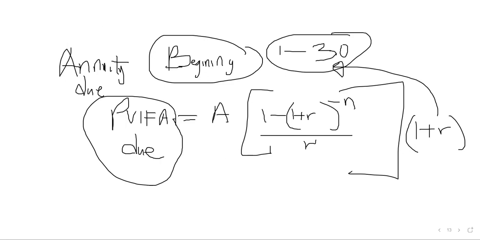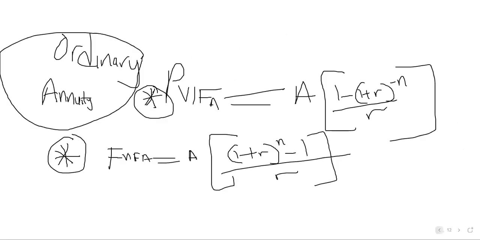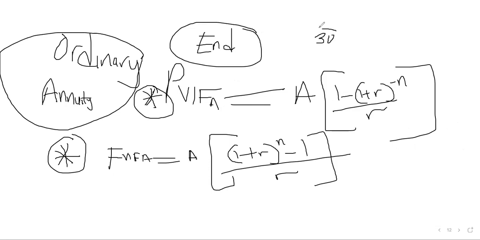All right, now an ordinary annuity forgoes the interest, because for ordinary, the payment is at the end. Meaning that from day 1 to the last day, the interest is only applied at the end of the month, at day 30.